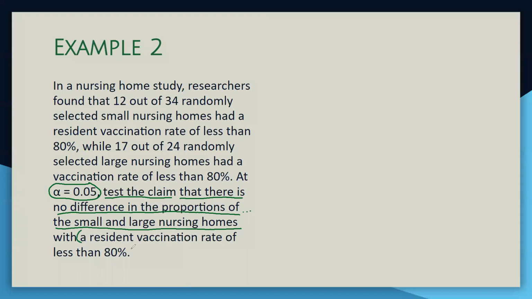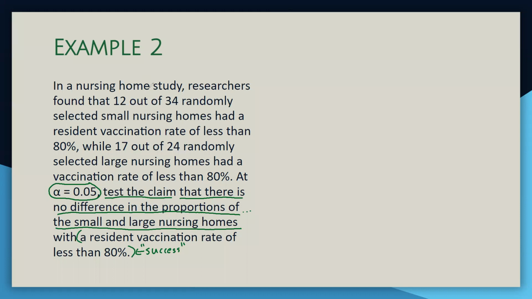So a resident vaccination rate of less than 80%, that's what we're calling a success for this particular study. That's what we were counting when we were counting how many people out of a larger sample met a requirement. So when we're reading through this word problem, picking off information that's relevant, we're ignoring the 80% because that's part of the definition of a success and not a relevant proportion.